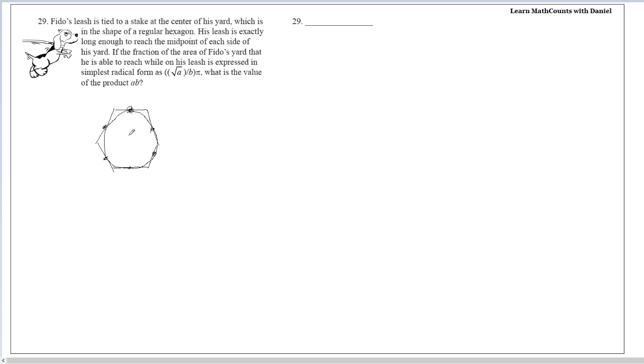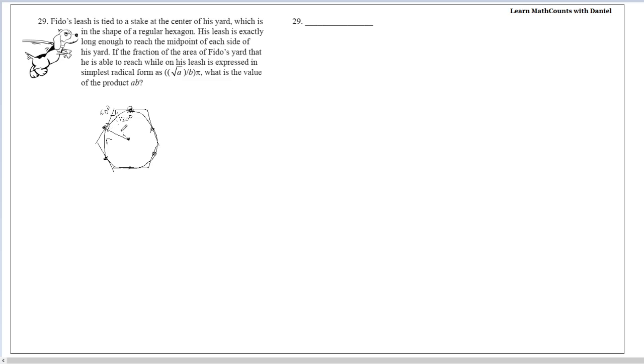So let's figure this out. Let's say that this circle has radius r. Now we can draw a line from the center to one of the vertices. I think I've done a video on this before, but each angle of a regular hexagon is 120 degrees, and this splits it in half, so it's 60 degrees.